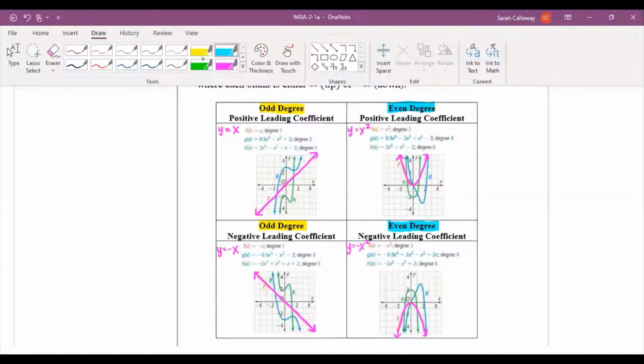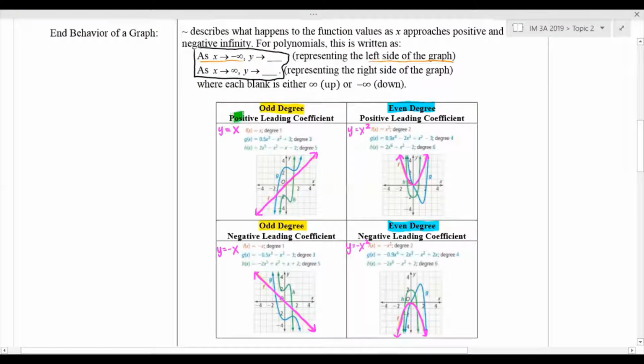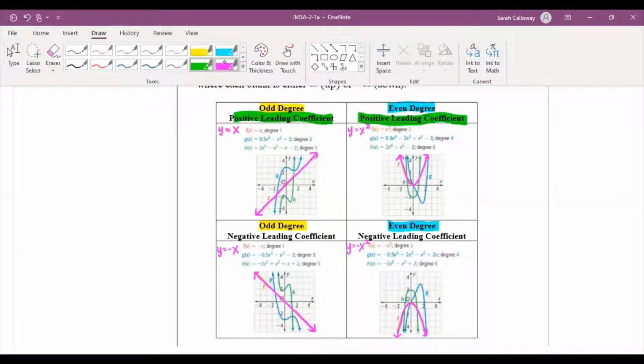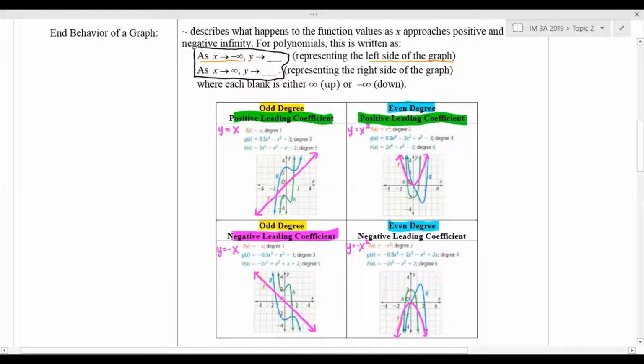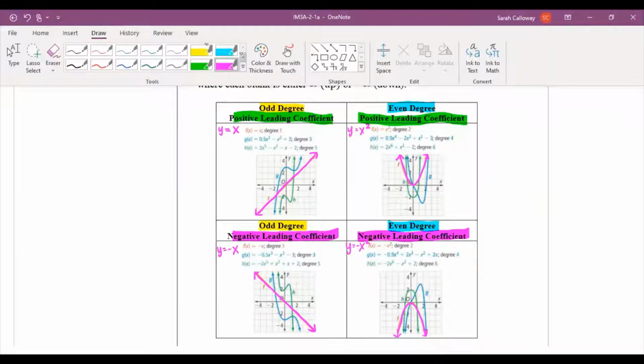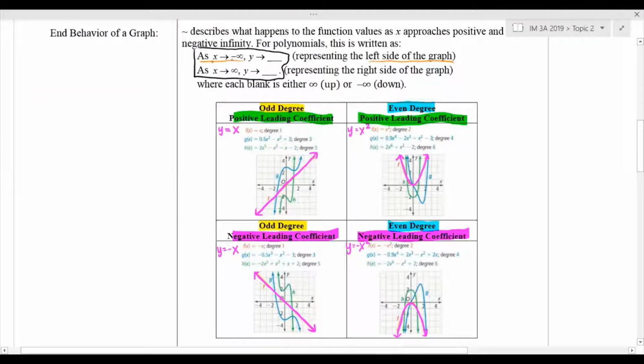So we're looking at whether the degree is odd or even, and then whether the leading coefficient is positive or negative. And we're comparing those two things so that we really have 4 different situations to look at. So when looking at those 4 situations, the first idea of end behavior is as x approaches negative infinity, what is y doing?